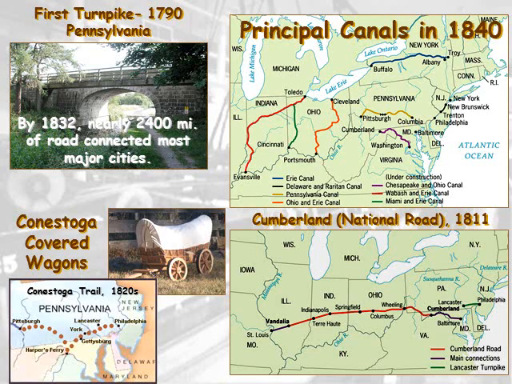Other trails, the Conestoga Trail allowed for the movement of products through covered wagons. And like I wrote up there for you, by 1832, nearly 2,400 miles of road connected the major cities. So again, huge transportation revolution happening in this era.